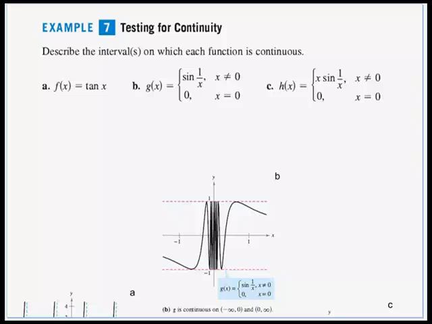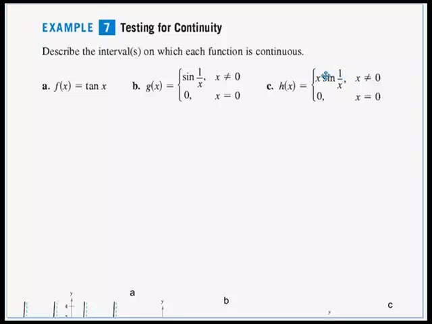Now this next one might be the hardest one to wrap your head around. If you see the difference we have here in part C, we've just put an x in front of what we had in part B. X times the sine of 1 over x. And this is called dampening. This is dampened by a factor of x. And here we can use the squeeze theorem on this. We know from our pre-calc class that the number in front of the sine function is our amplitude, and that tells us how high our peaks and valleys go. So what values can this function take on?